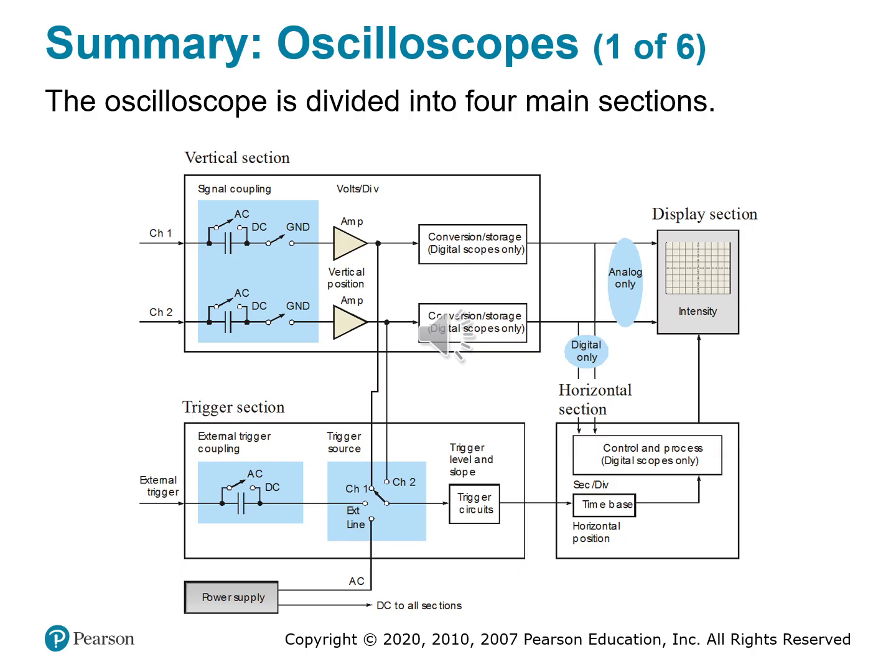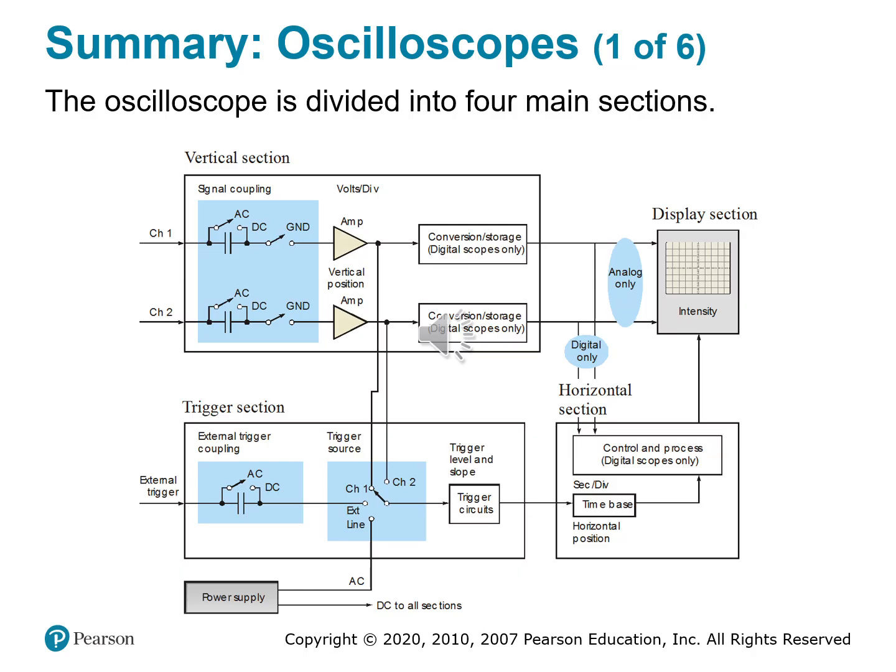The next is the trigger section, and this is the oscilloscope's timing brain. It determines when to start drawing the waveform. It can trigger from channel 1, channel 2, or an external signal.